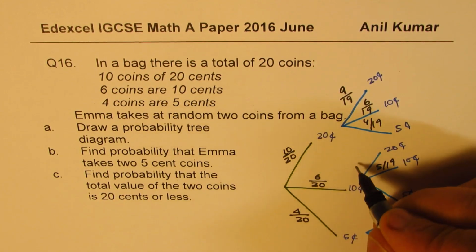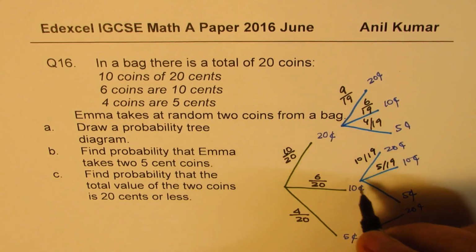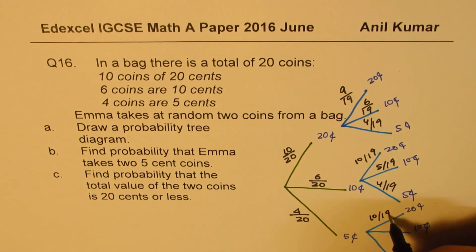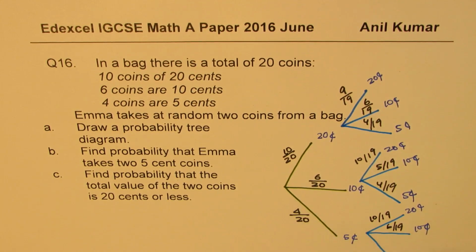The others, original amount, 10 over 19 and 4 over 19. Here, original amount, 10 over 19 and 6 over 19. We have already taken away one 5-cent coin, so one less will be 3 over 19. So that is the probability distribution.